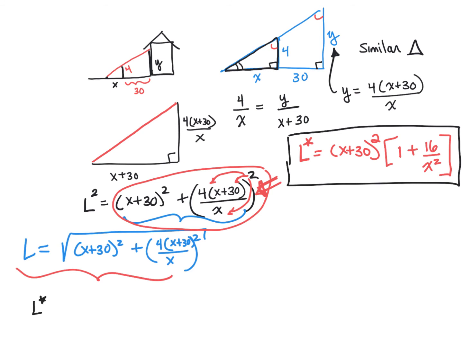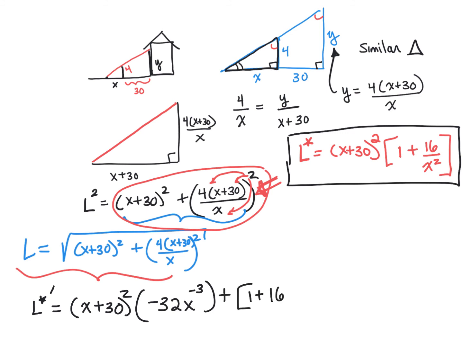So L star prime is going to be the first times the derivative of the second plus the second times the derivative of the first, which will be 2 times x plus 30. And then we have to find our critical points, and we're going to have to set this equal to 0.